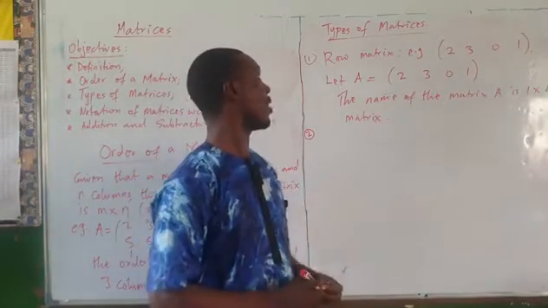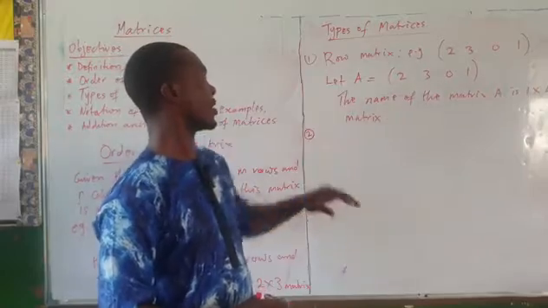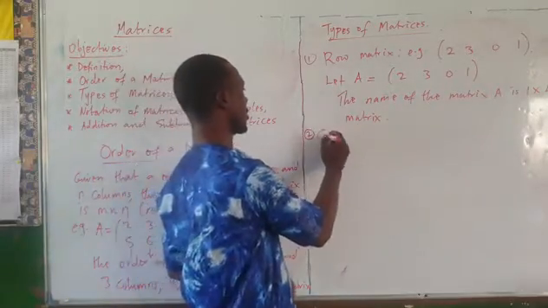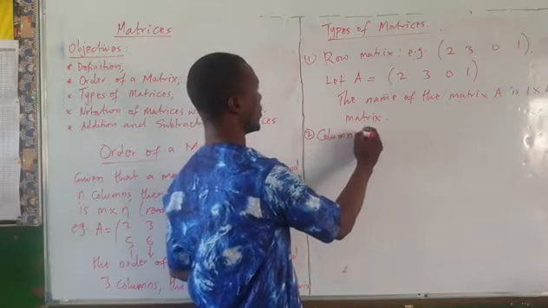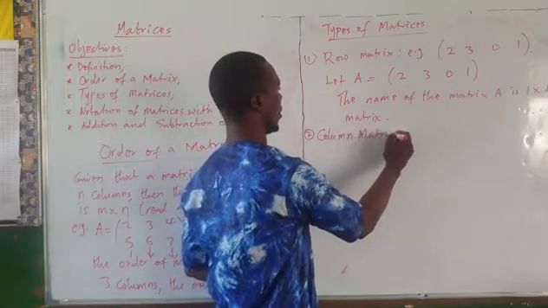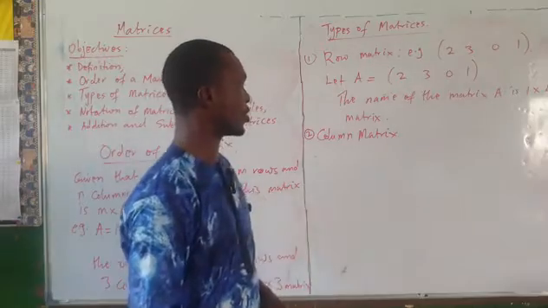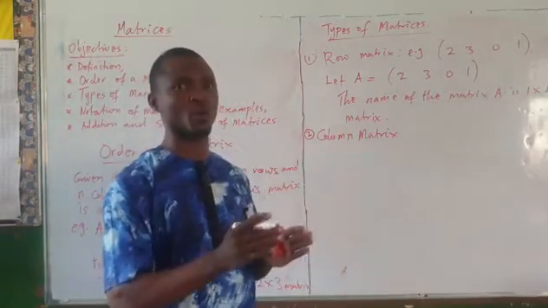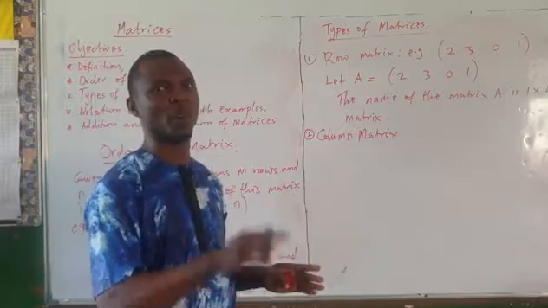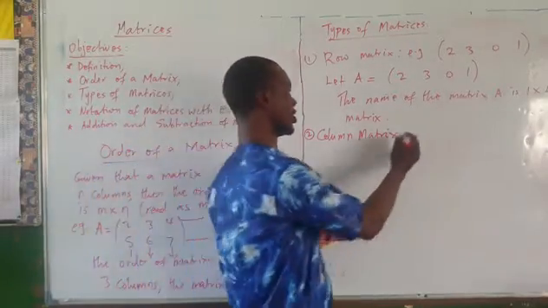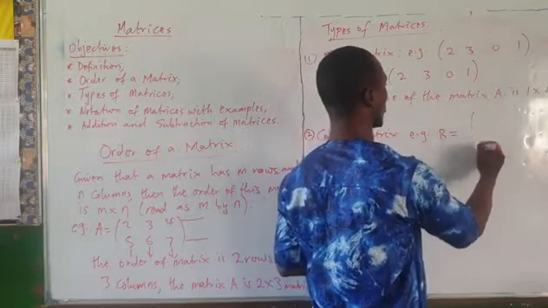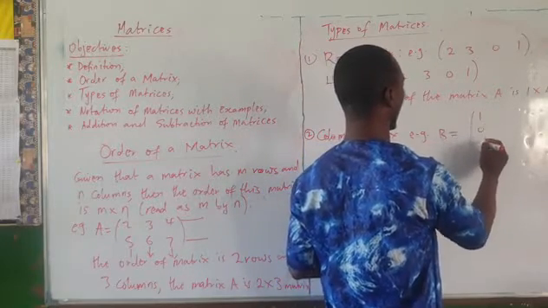The second type of matrix is the column matrix. What do I mean by column matrix? This is a matrix with only a single column. We can have many rows but one column. For example, matrix B is equal to 1, 0, 4.